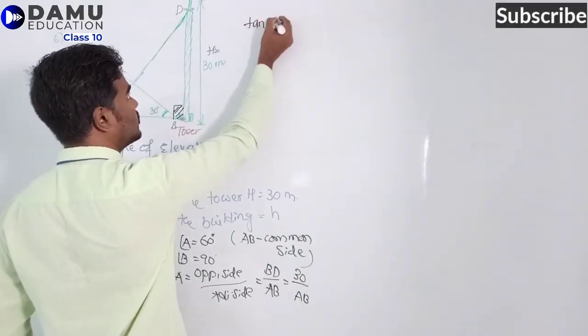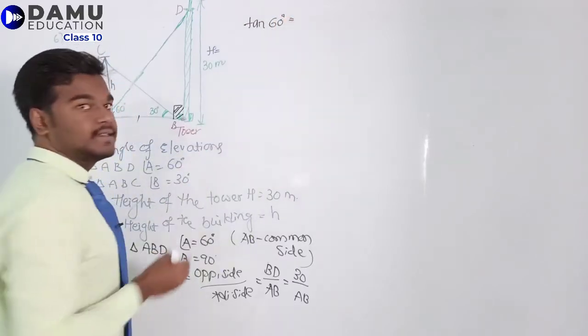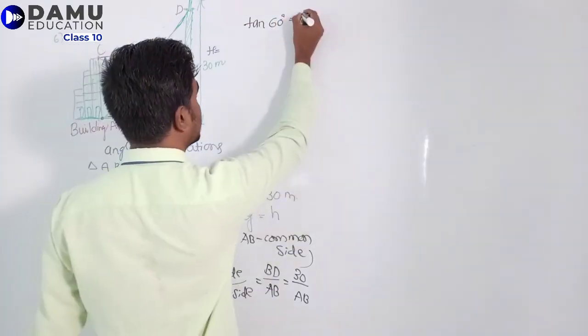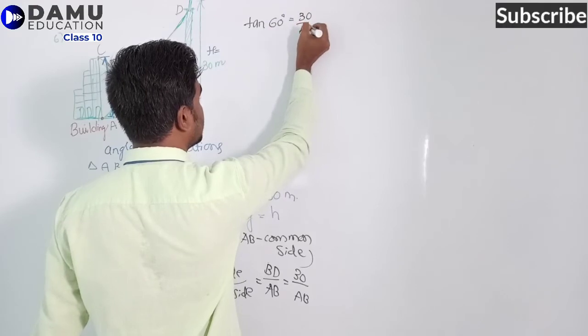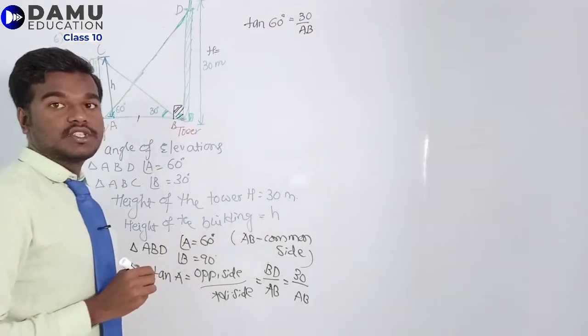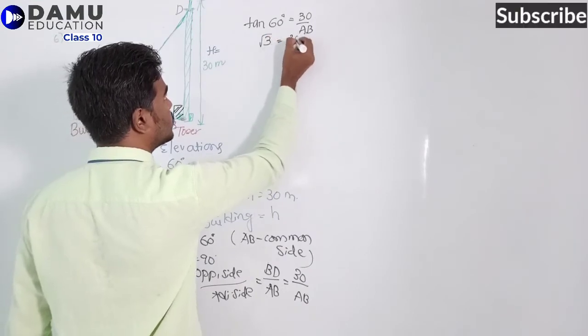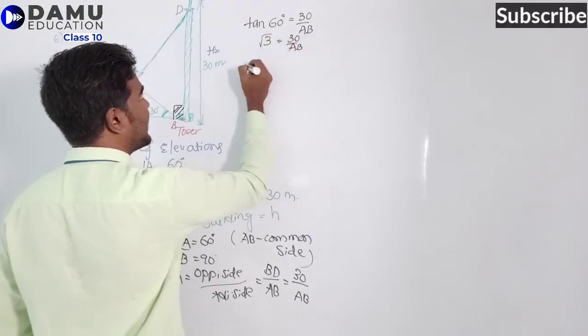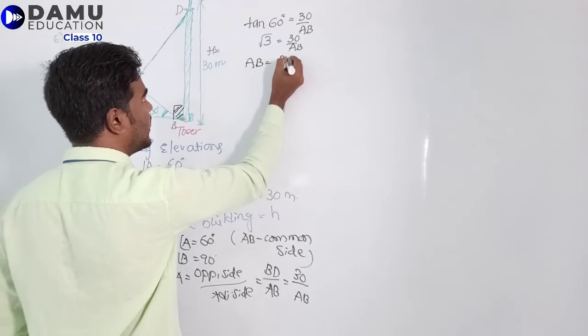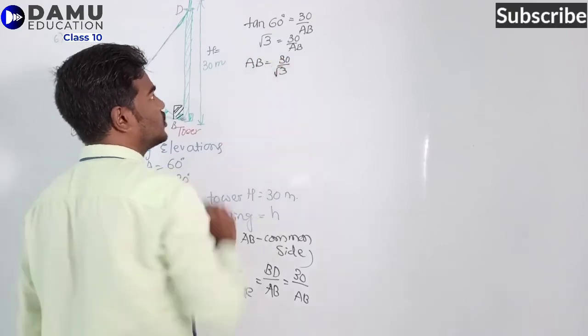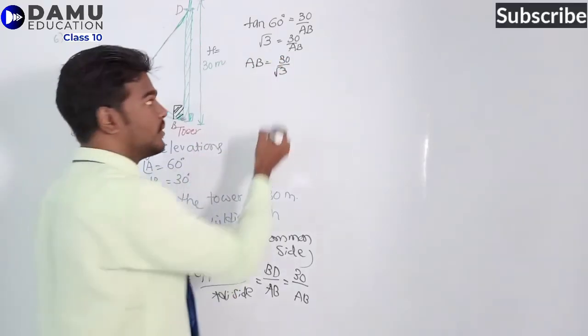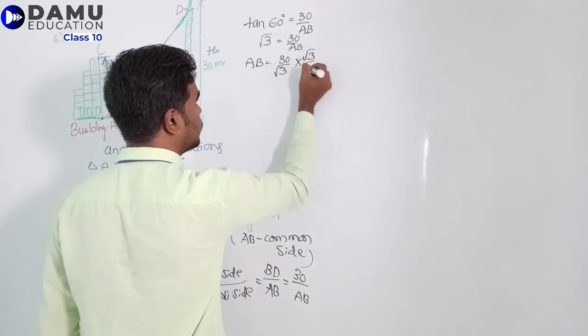So tan 60 degrees is equal to 30 by AB. Tan 60 degrees is equal to root 3. So root 3 is equal to 30 by AB. Then AB is equal to 30 by root 3. Let's multiply and divide by root 3 by root 3.